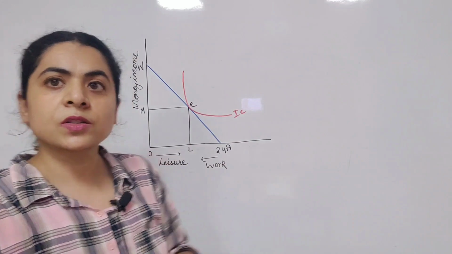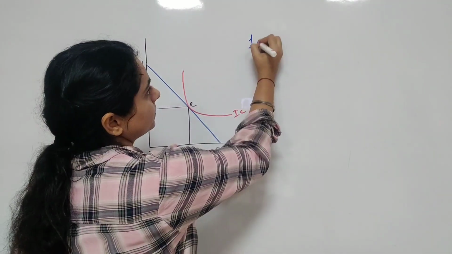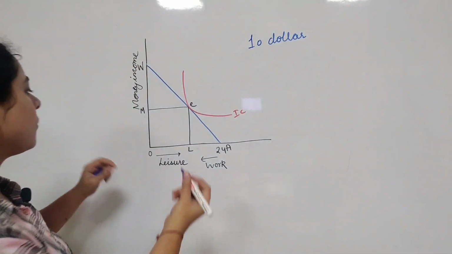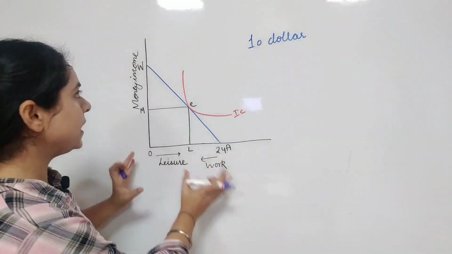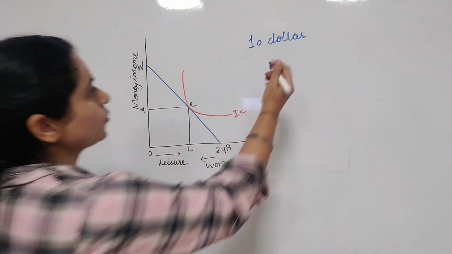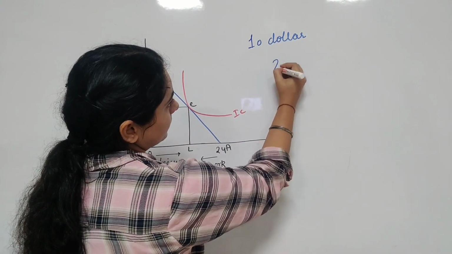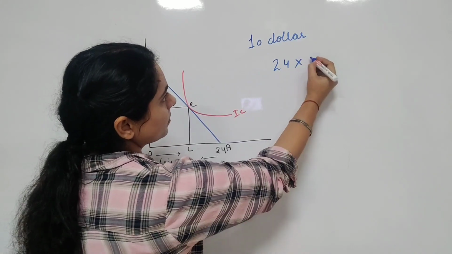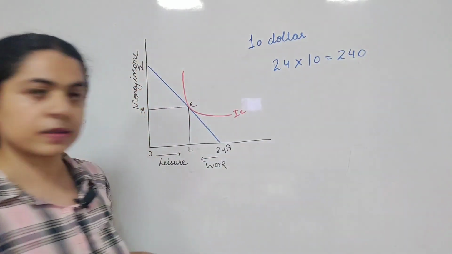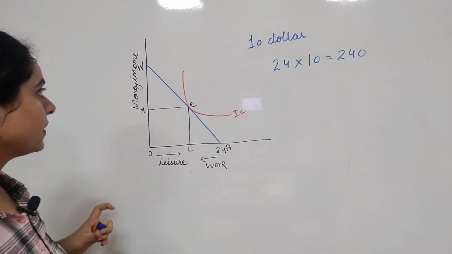If the wage rate is $10 per hour and the total number of hours available is 24, so if the labor works for 24 hours, 24 multiplied by 10, he will get $240 as total income.